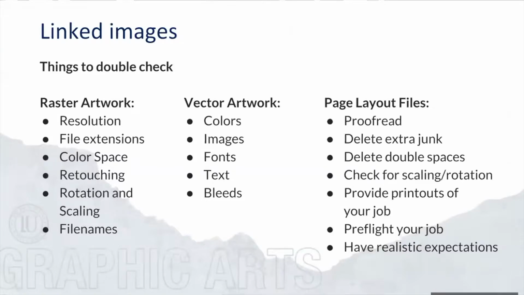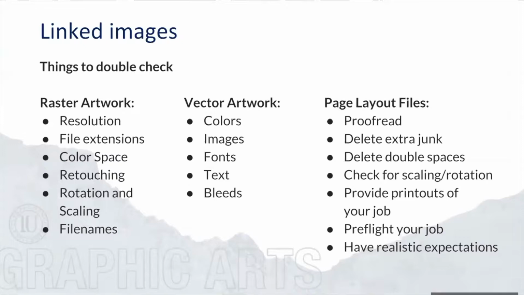All right, so now that we've discussed all of the color theory and the reasons and how we've selected some color, let's get again into the whole technical aspect of everything, which is always fun. All right, linked images or things that you need to double check.